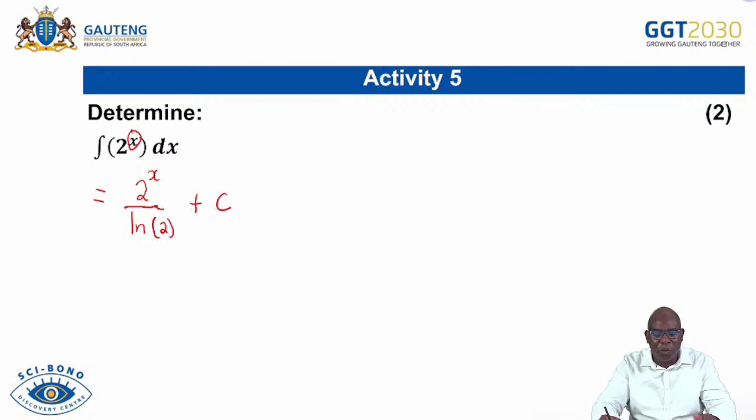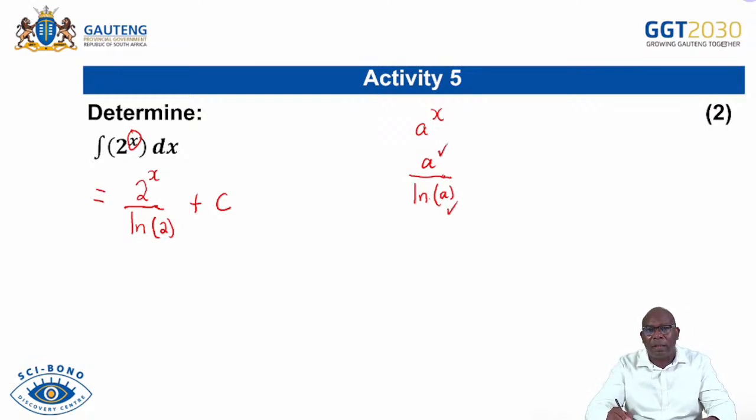In other words, the rule there will be, if I've got a to the power of x, our rule there is going to be a to the power x over the ln of a. Okay, so now the a part becomes there, and it comes also there on the ln. So the answer there, remember, you must also write the plus c because of the constant there.